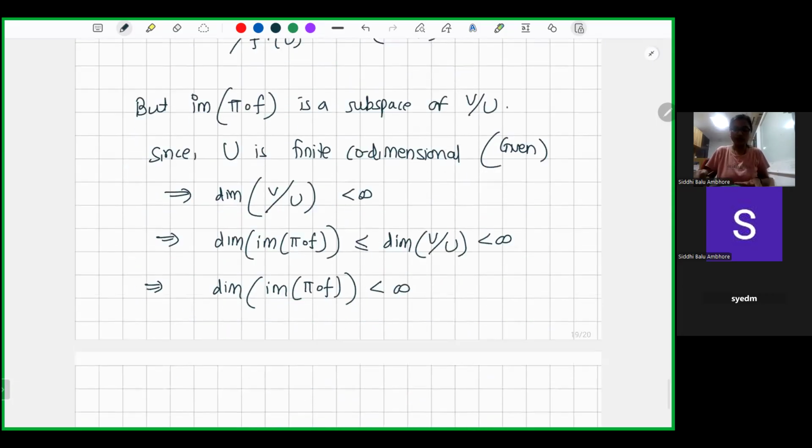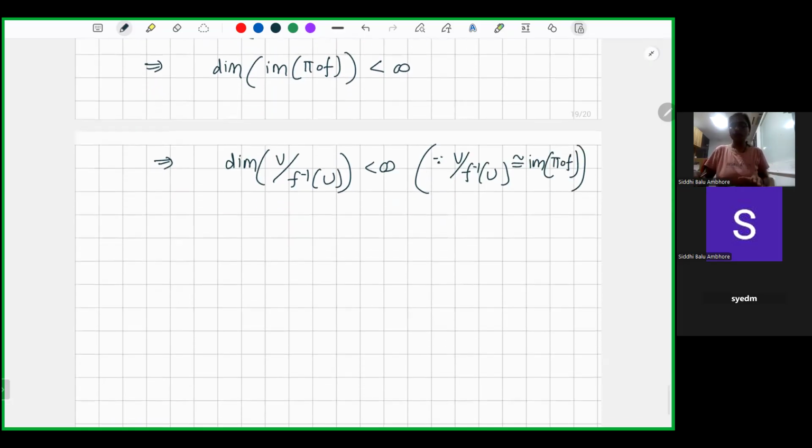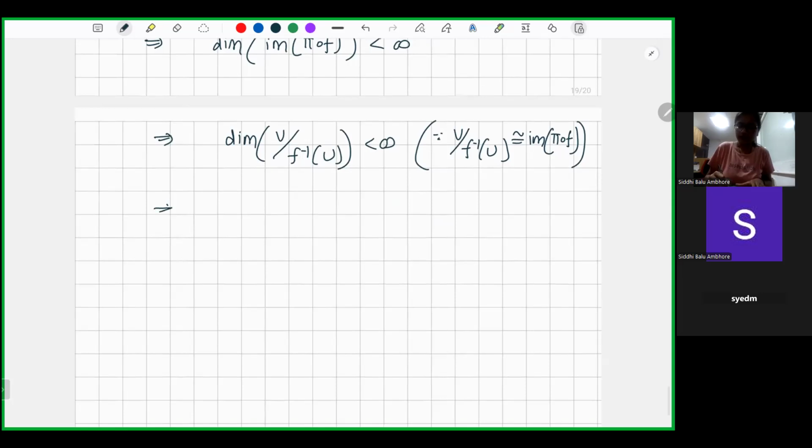And because of the isomorphism, V quotient F inverse U is isomorphic to the image of pi composed F. Since we already have this, this implies that F inverse U is finite codimensional. This is what we wanted.